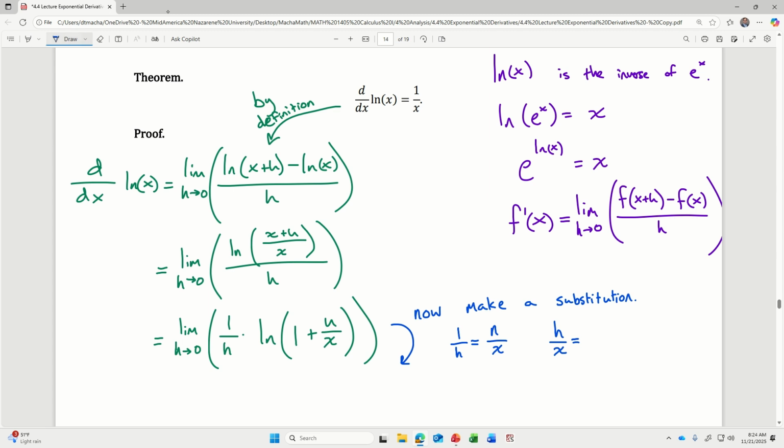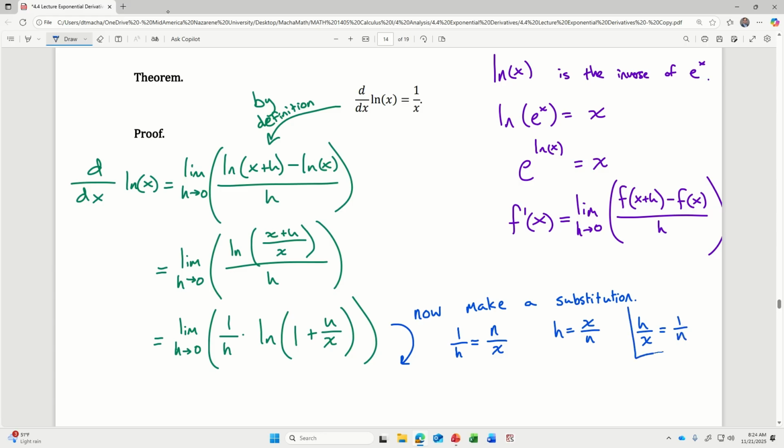What would h be? It's the reciprocal of 1 over h, so that would be x over n. And then now if I want h over x, that would have to be 1 over n.